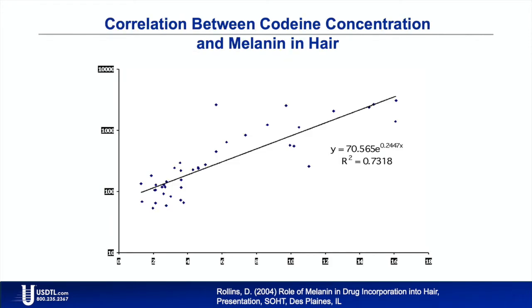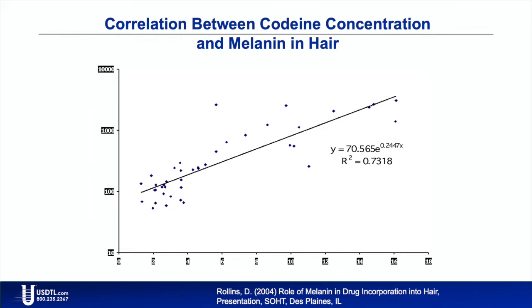And they further analyzed each specimen for the concentration of melanin, which is the pigment. And if you'll notice, the concentration on the left is the concentration of codeine found, and the x-axis along the bottom is the total melanin concentration.